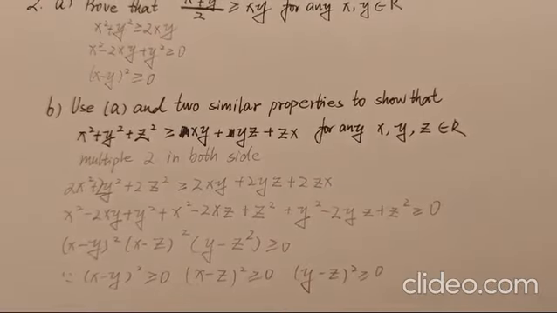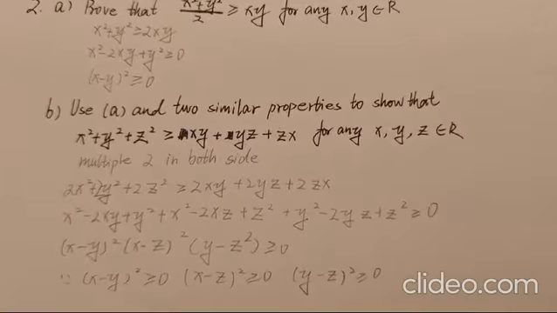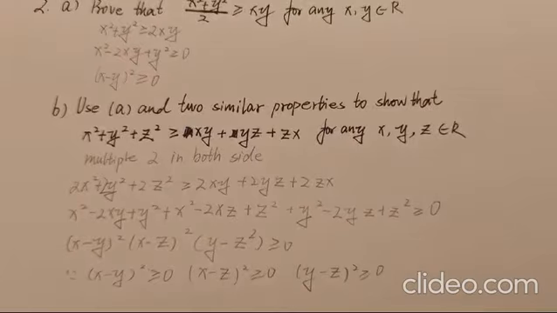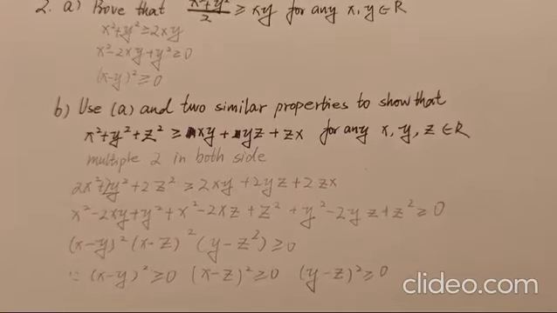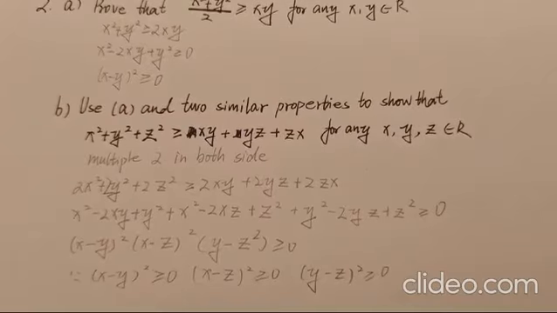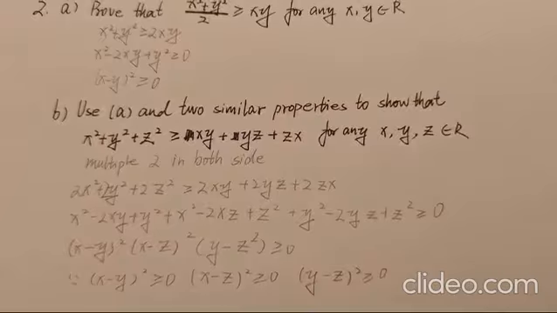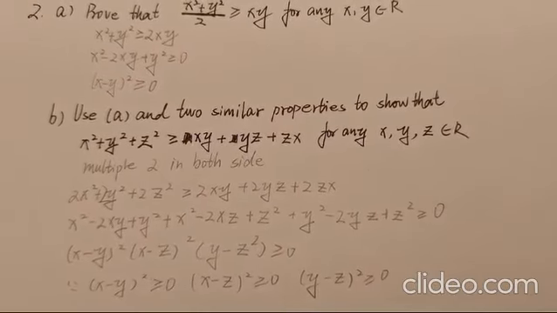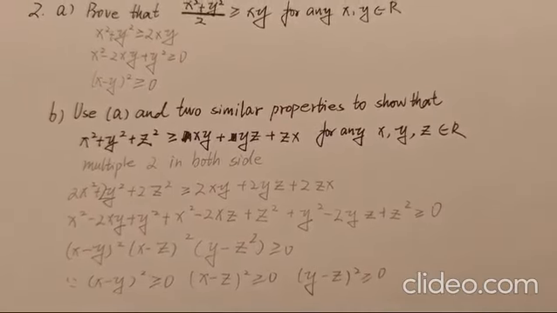Then we move all the right-hand side to the left-hand side. Then we get x squared minus 2 times x times y plus y squared, plus x squared minus 2 times x times z plus z squared, plus y squared minus 2 times y times z plus z squared, is greater than or equal to 0.